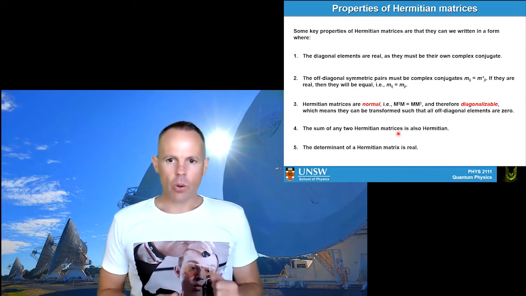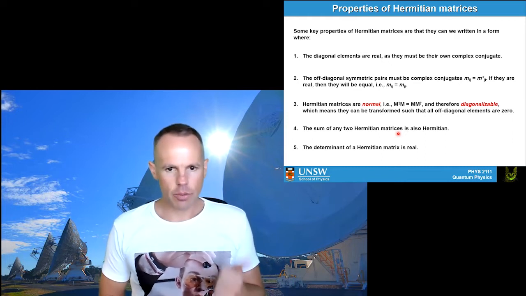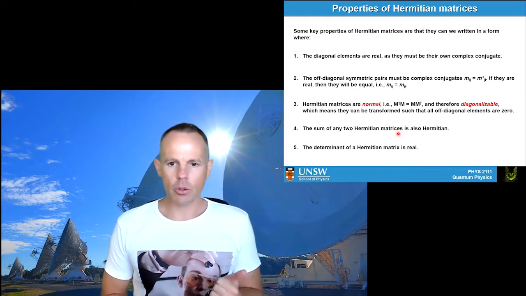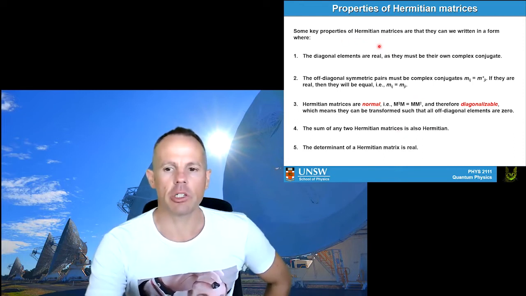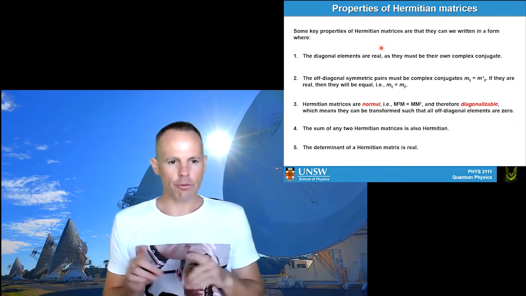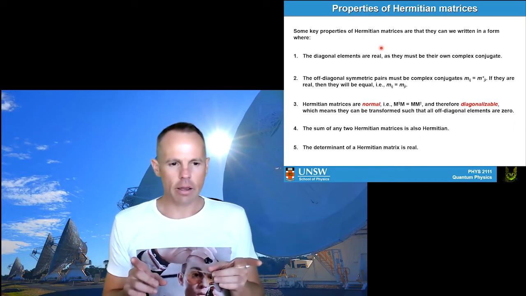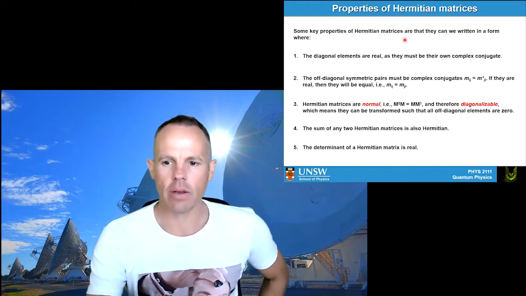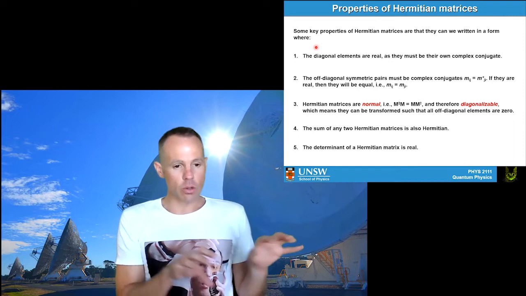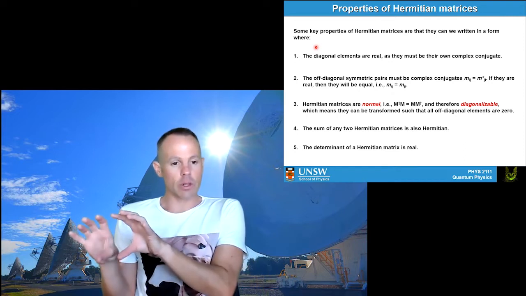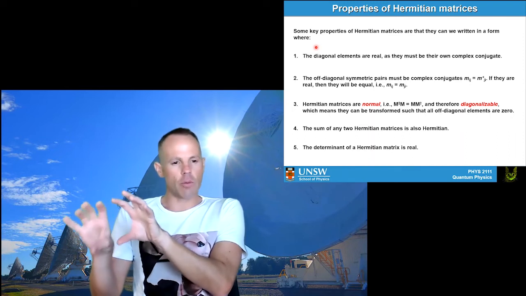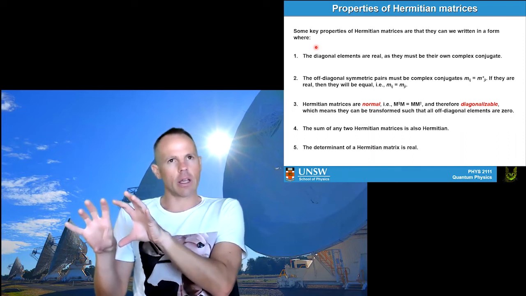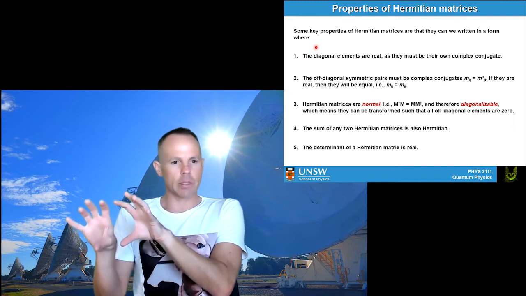All right. So some key properties of Hermitian matrices, just quickly, so you know them. Some key properties are that they can be written in a form where... One thing you'll know from your first year maths courses, hopefully, is that you can take a matrix and perform a series of transformations on it so that essentially it's the same matrix, but the elements are different.